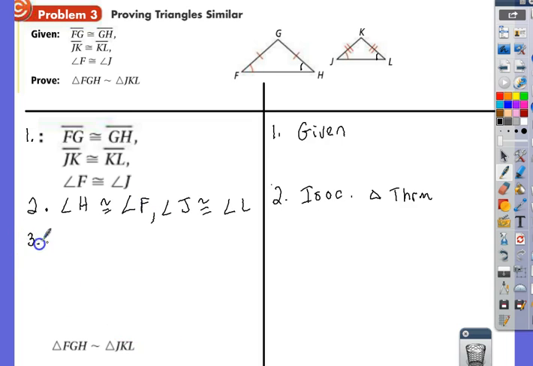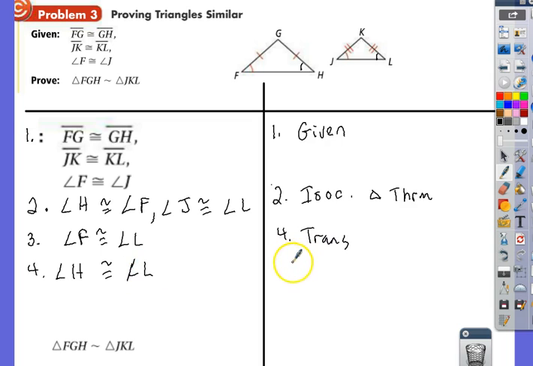So couldn't I say that angle F is congruent to angle L by transitive? F to J, J to L, so F to L. And then now can I say angle H congruent to angle L by transitive again? So I just do the transitive property twice.